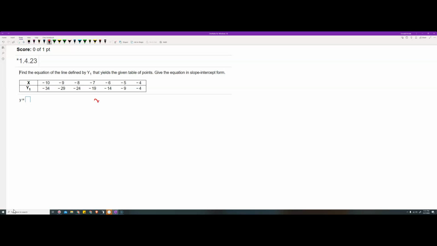So it doesn't matter which points I pick. I can look at this list of data. Let's say I take -10, -34 as 1 point, and then -8, -24 as my second point.